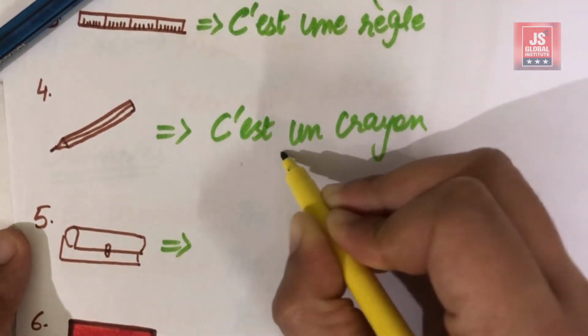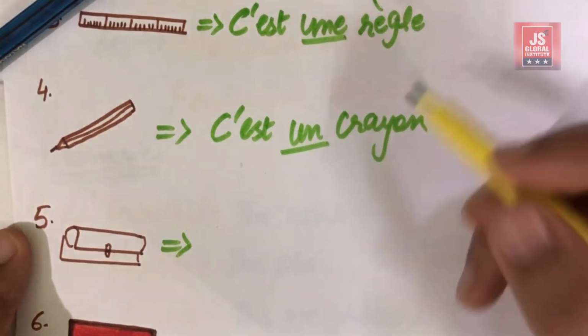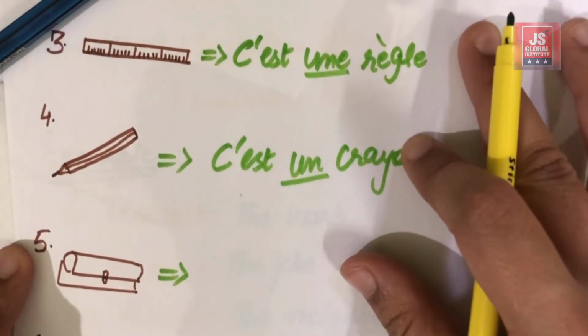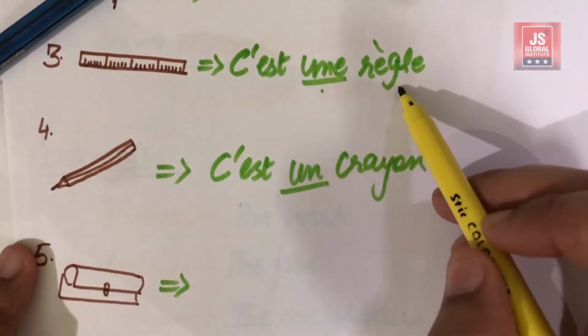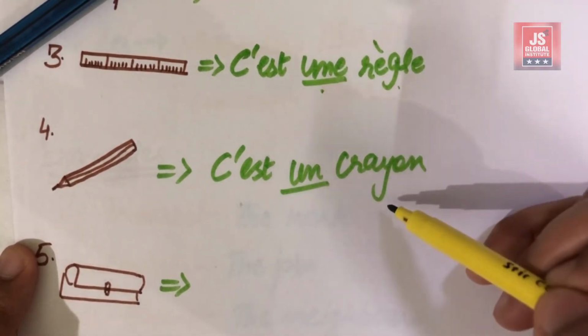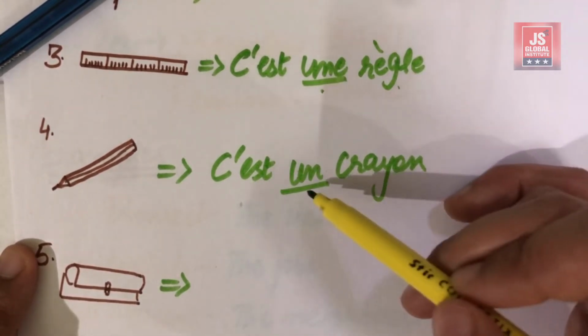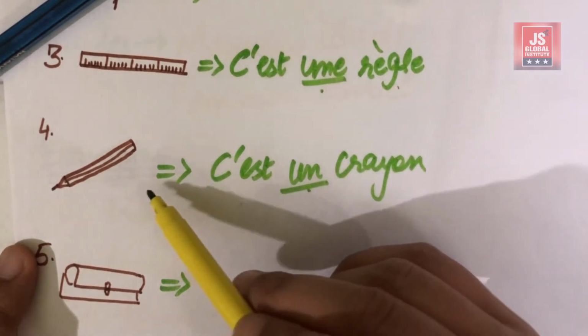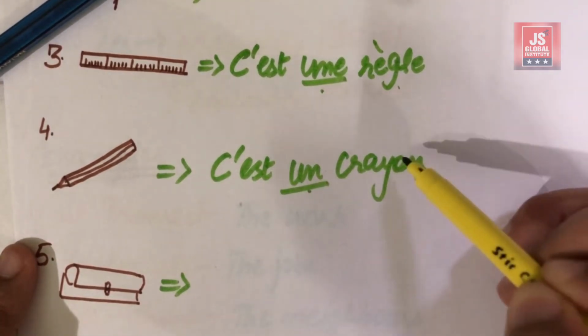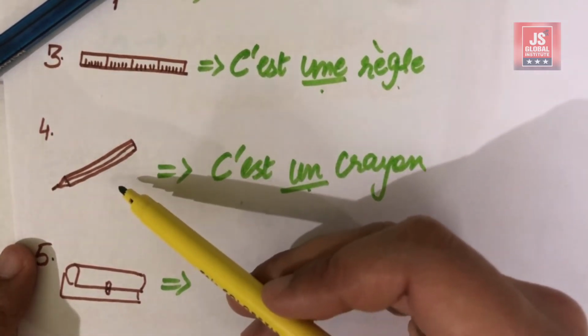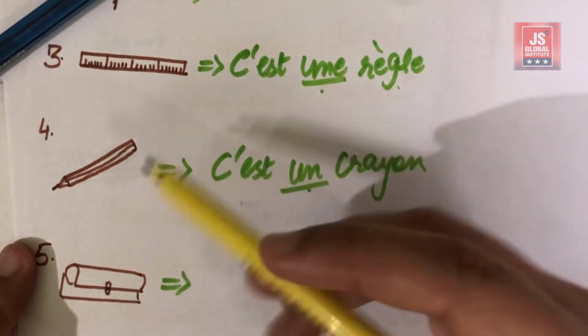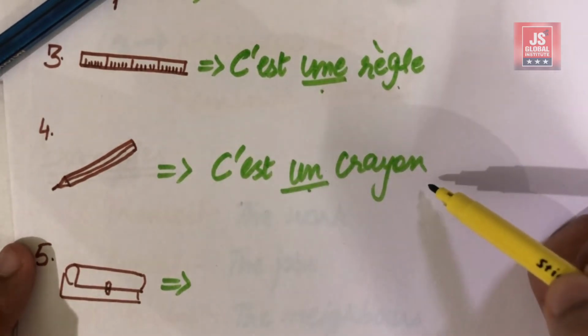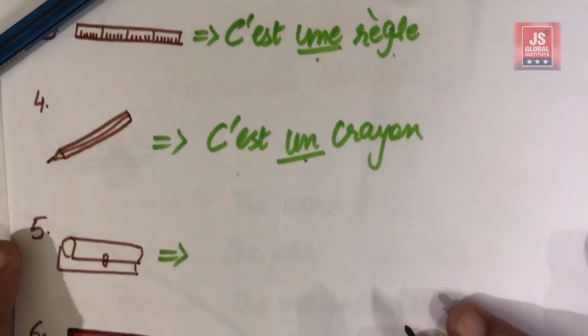Alright, so accordingly the indefinite article changed. Here it was une règle, and here it becomes un crayon. So you have to learn them as they are, and the answer comes automatically. So when I pointed at this and said, qu'est-ce que c'est? You replied, Madame, c'est un crayon. Alright, moving on.